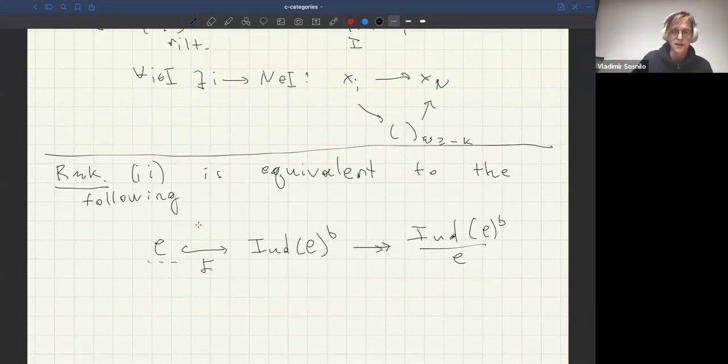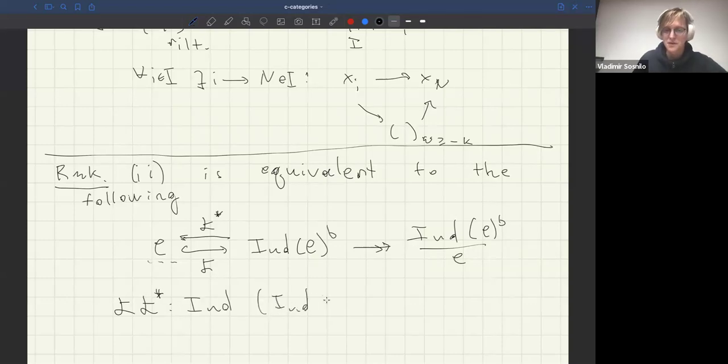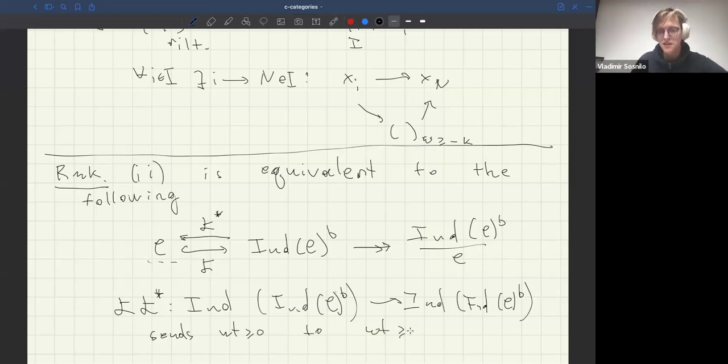So if you denote this by Yoneda, and this is the right adjoint that exists on the level of Ind-completion, Yoneda upper star, then what this condition is telling you is that the composite, Yoneda composed with Yoneda upper star, from Ind of C bounded to itself, sends weight connective objects to objects that are minus K connective.